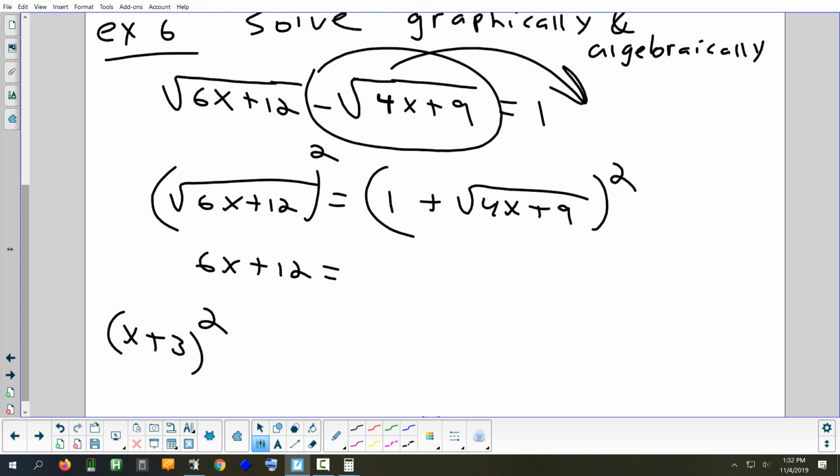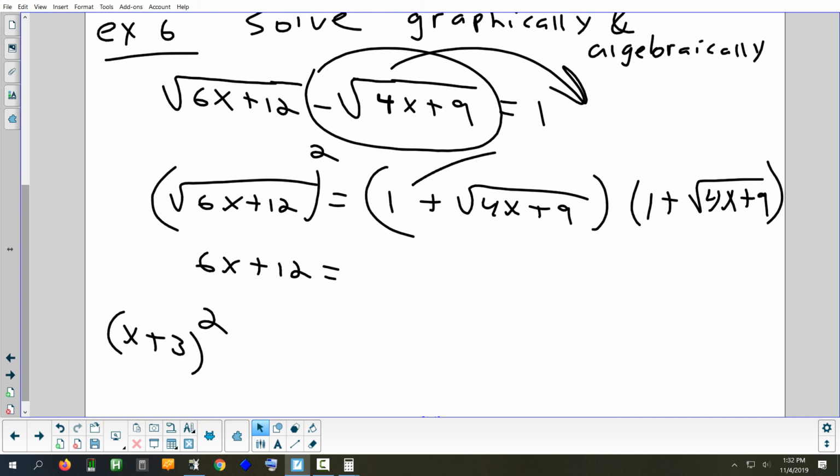Right, you have to use distributive property, right? Or some people call it, when there's two of them like that, FOIL, right? So that's how you have to do it. So if it's helpful, you can write this out a second time. 1 plus square root 4x plus 9. And now FOIL.